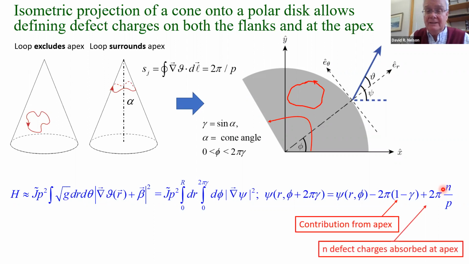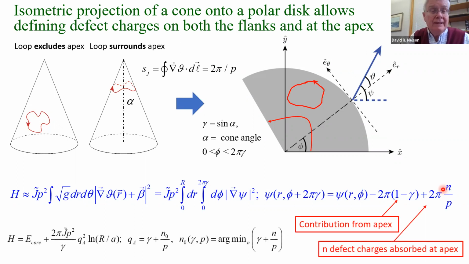Contribution from the apex, defect charges absorbed at the apex, and you can show that this n has to be an integer, and what you can do is combine things together to get an effective apex charge here, and then you put in various values of n here and find out which one produces the least geometrical frustration.